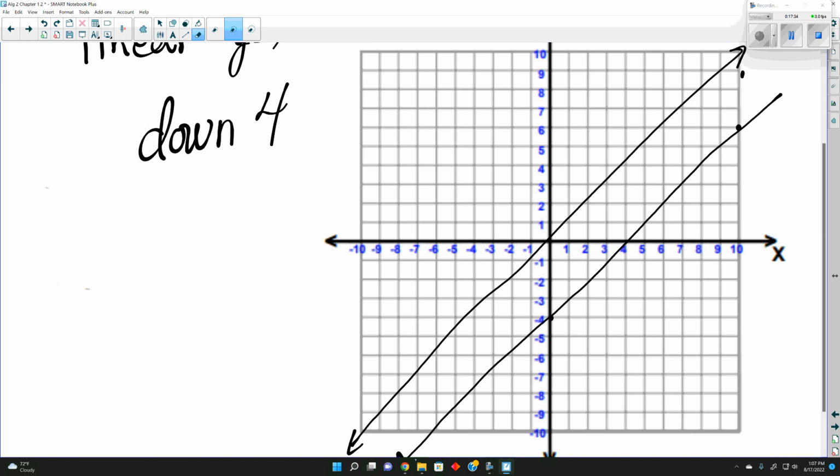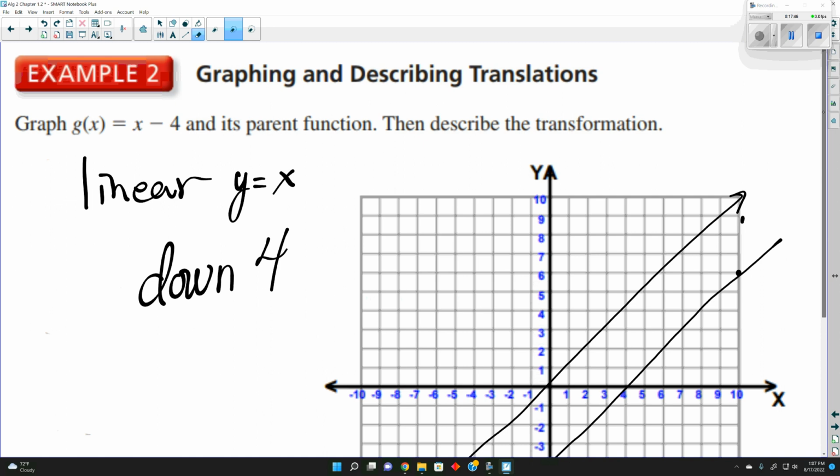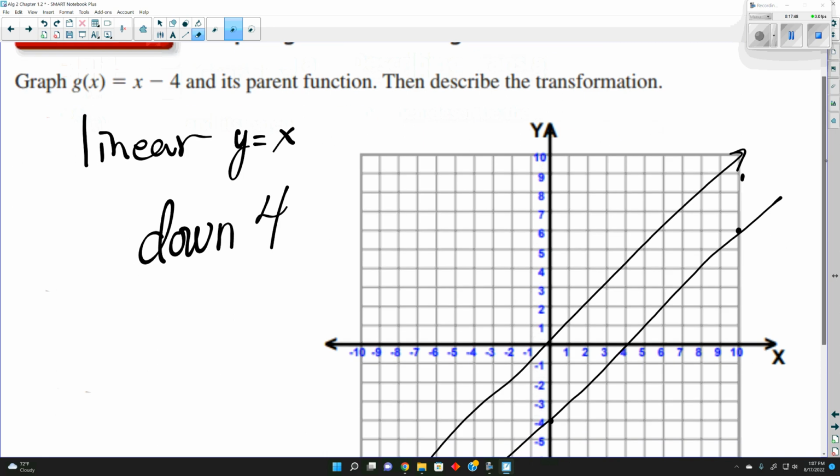And you have an idea what the new graph looks like. And again, for the homework, I'm not going to make you graph these. Really, this will probably be the only one we actually graph. But do we get an idea of how this works?